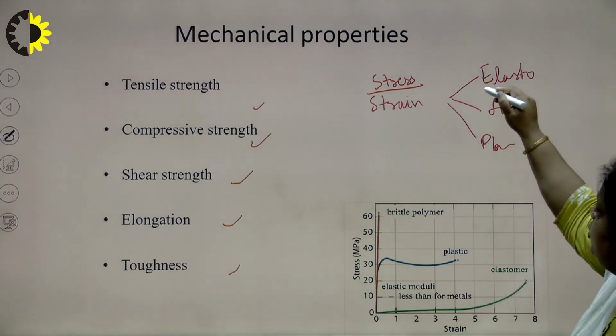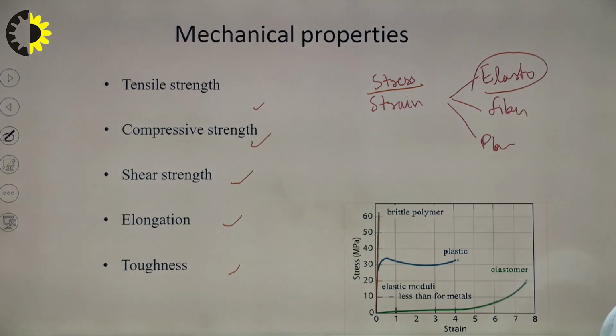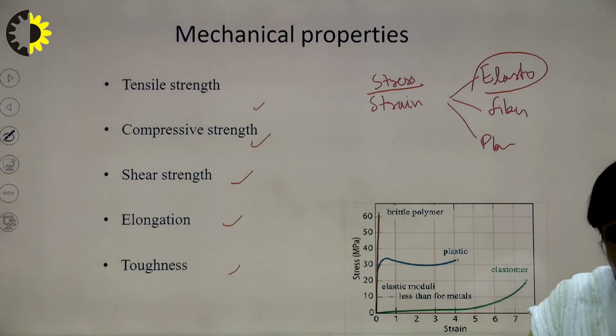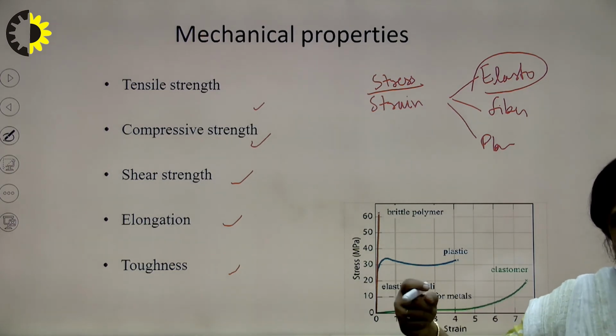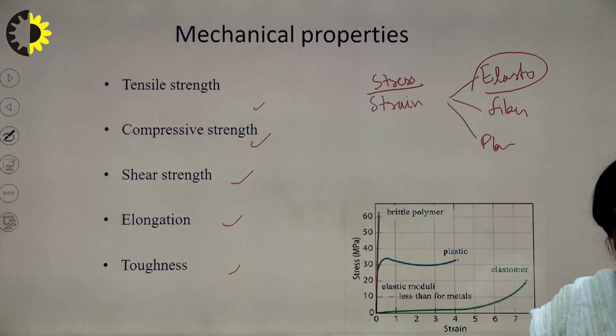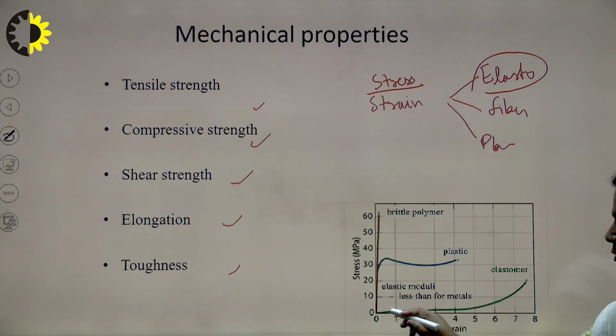And for the elastomer, if we apply a force, then we can stretch it 3 to 10 times. So, in case of elastomer, strain is very high, while the stress is less or minimum.